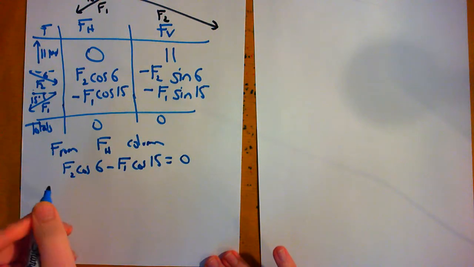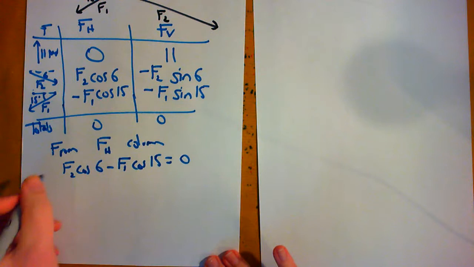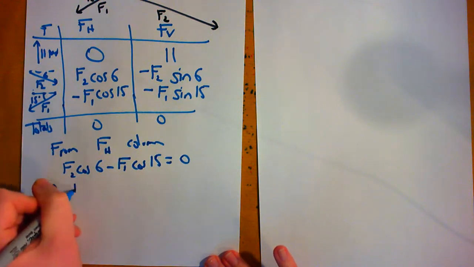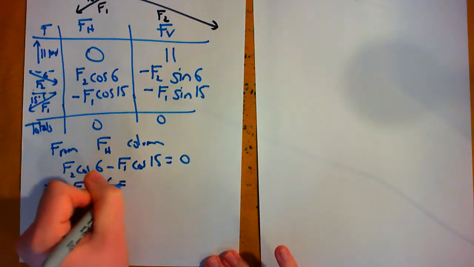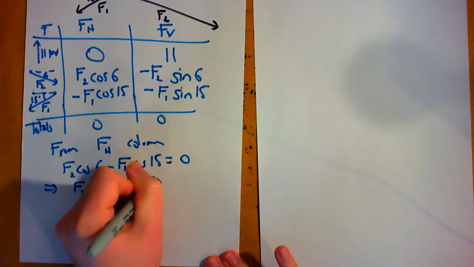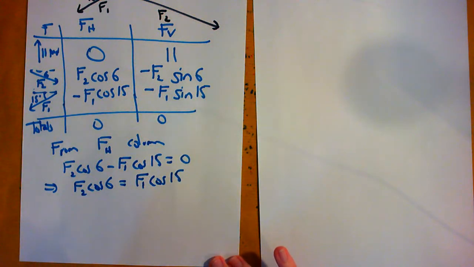And we're going to solve that for F2. So we'll move the F1 cos 15 to the other side. We get F2 times cosine of 6 degrees equals F1 cosine of 15 degrees. And we want F2. At the moment the left hand side is F2 times cosine 6 degrees.